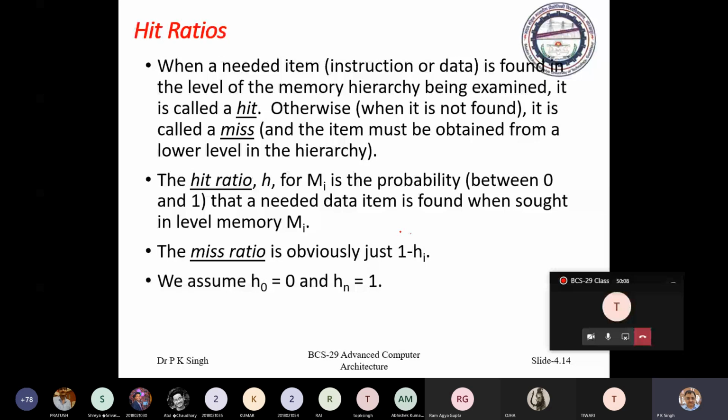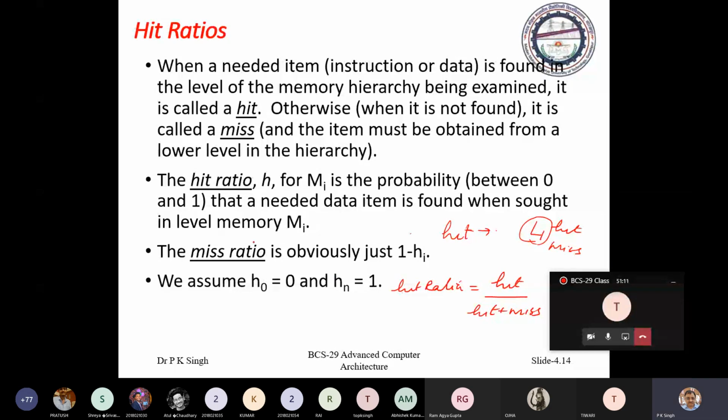If it generates an address and it is not available at that level, then that is a miss. Hit ratio is hit divided by hit plus miss. What does it mean? Hit ratio says the efficiency of the system.